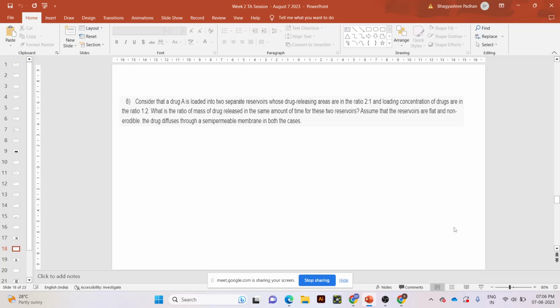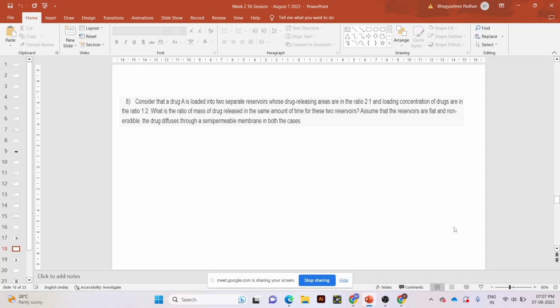Now, the next question. Consider that a drug A is loaded into two separate reservoirs whose drug releasing areas are in the ratio of 2:1, and drug loading concentrations of drugs are in the ratio of 1:2. What is the ratio of mass of drug released in the same amount of time for these two reservoirs? Assume that the reservoirs are flat and non-erodible.